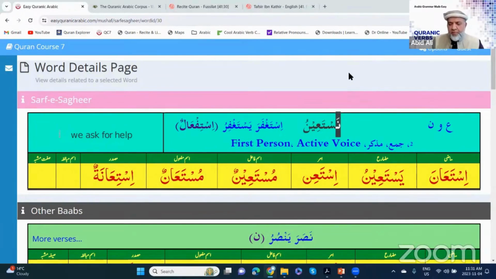And from this course, from session number 1 of these last 10 sessions, we are learning the category of Arabic which is categorized as sarf. When we are learning sarf, we are learning mostly about verbs and how they transform from one form to another, morphology.